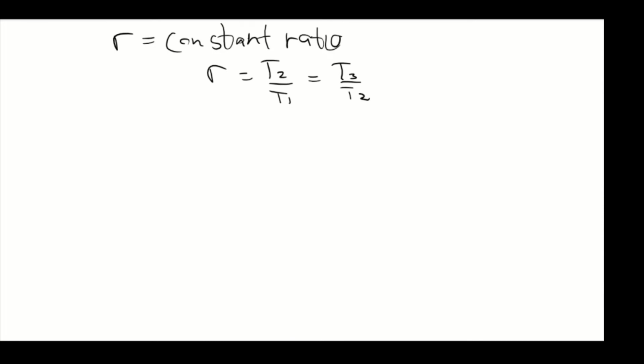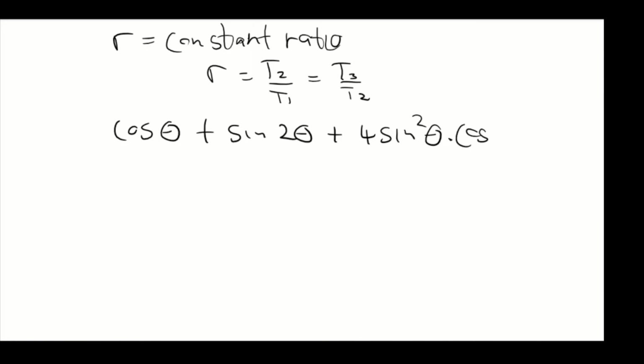So in the problem here, we are given cos of theta plus sine of 2 theta plus 4 sine squared theta multiplied by cos of theta. As I said, we're going to use this formula of our constant ratio. So this would be our first term, this would be our second term, and this would be our third term.